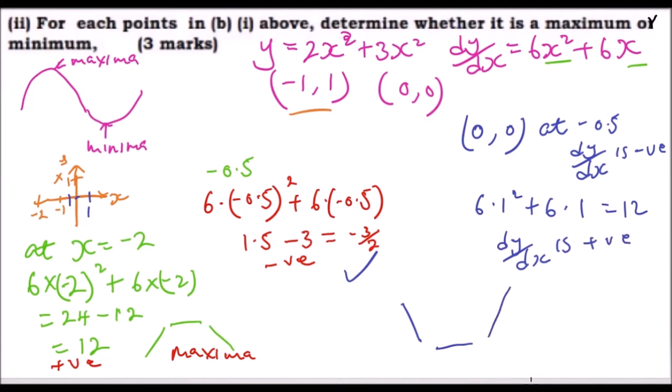So when the shape is like that, this is minima. So we can say at 0, 0, the stationary point is minima, and at minus 1, 1, this is that point, it is maxima.